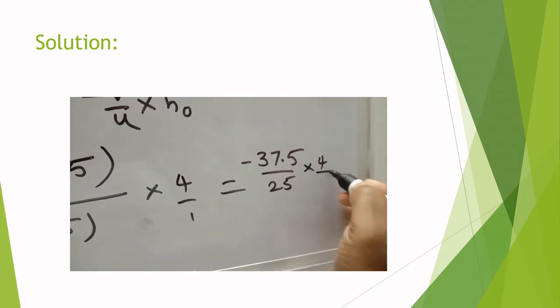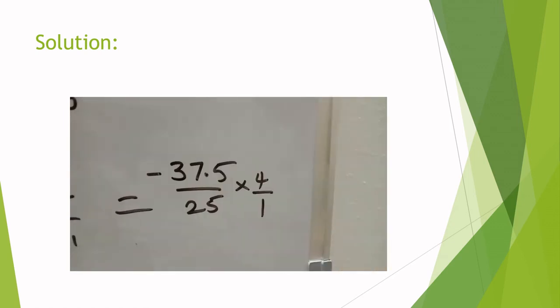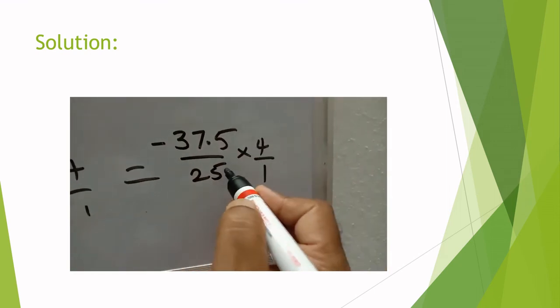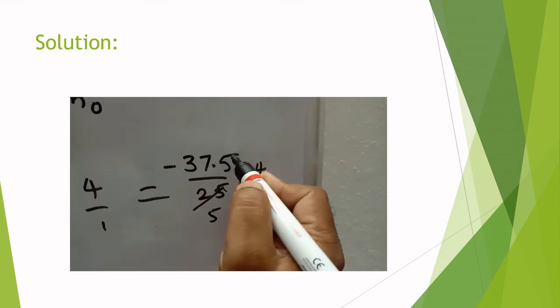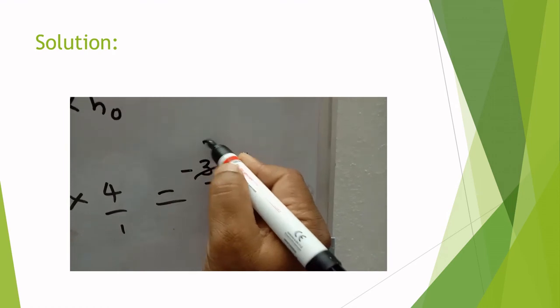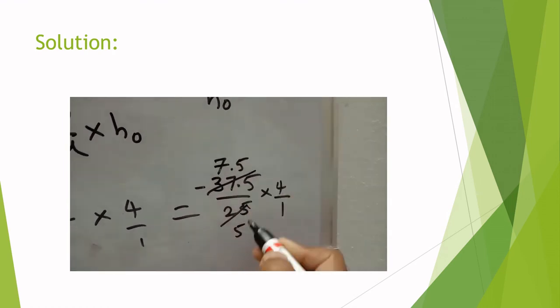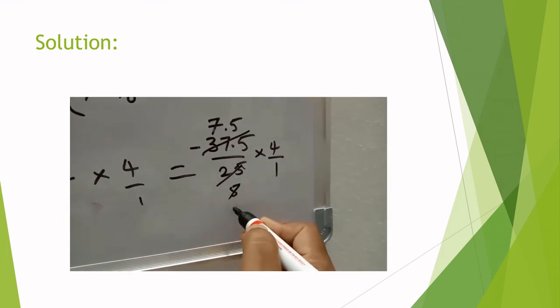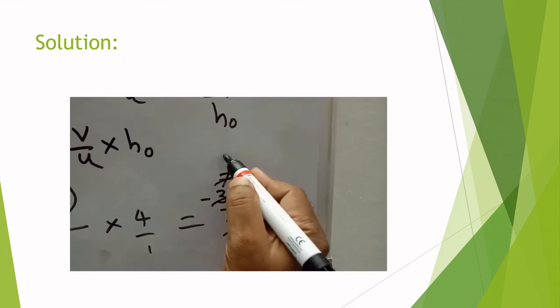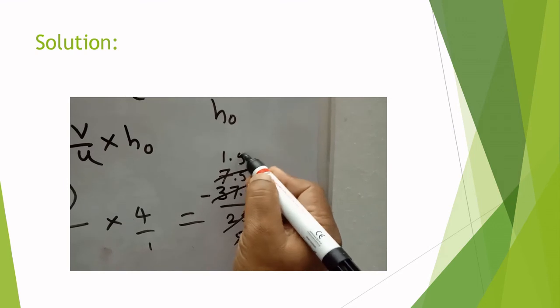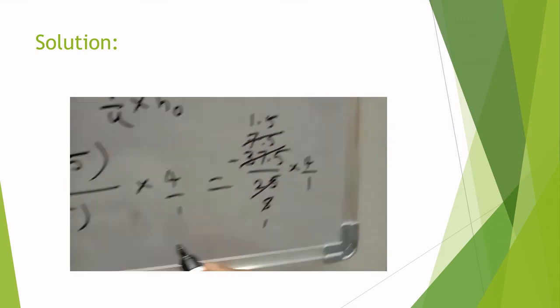Here you can simplify this: 5 5s are 25, 5 7s are 35, 5 5s are 25. Next 5 1s are 5, 5 1s are 5, 5 5s are 25. So 1.5 into 4, minus is there.